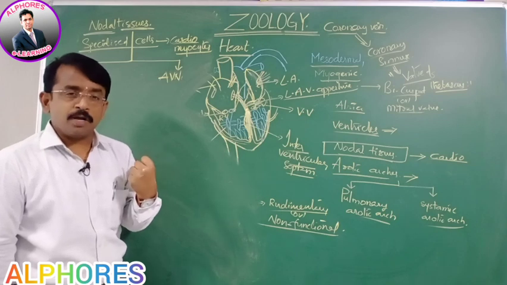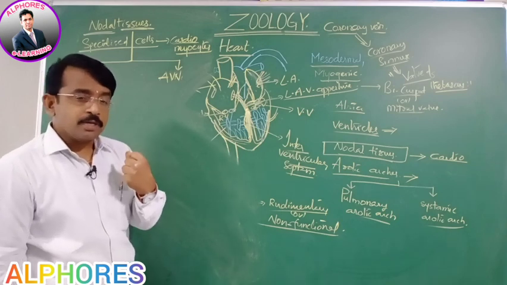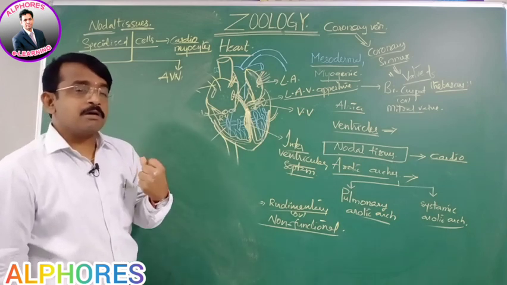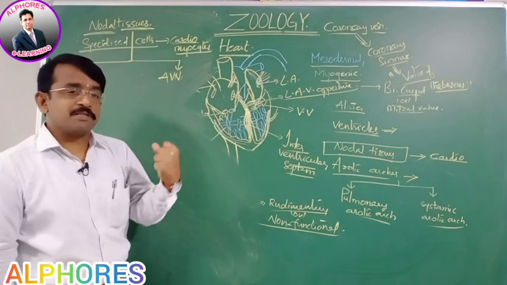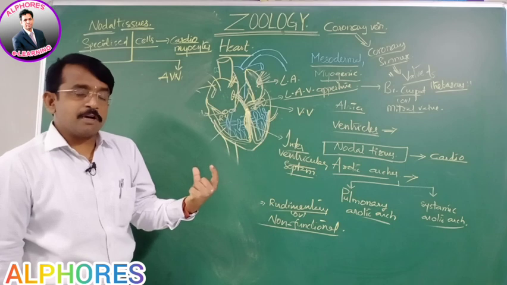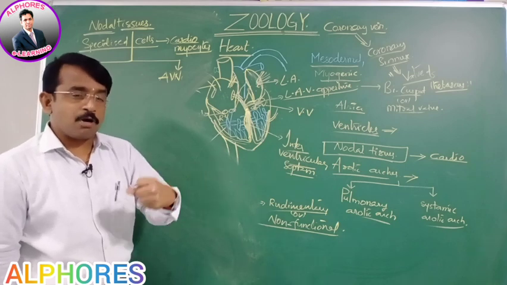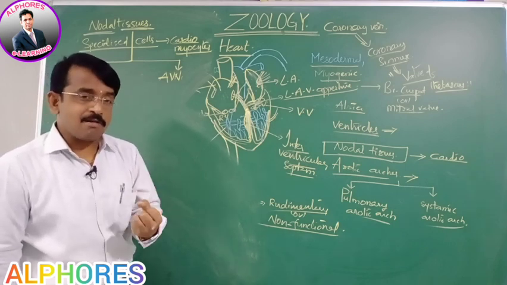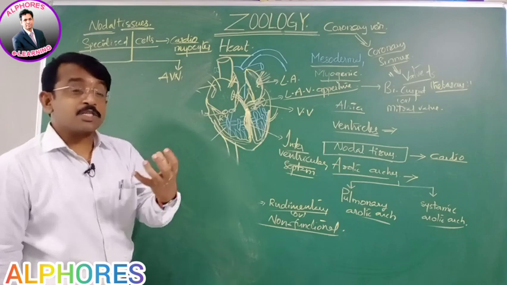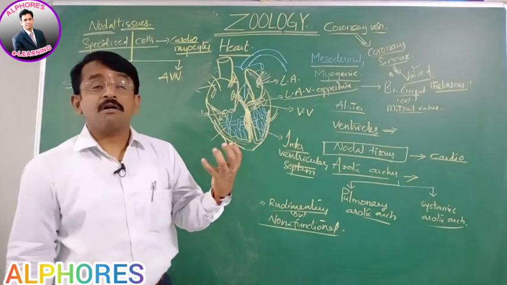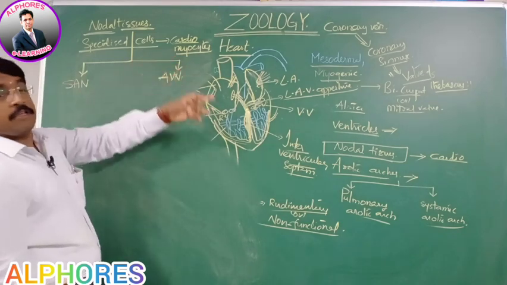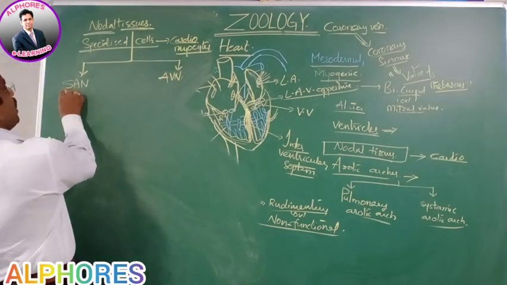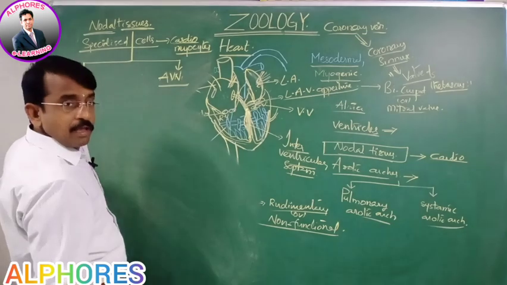This is the reason why, as the heart does not require contraction by any external stimuli, even if the heart is brought out of the body, it contracts, it beats. That's what it is, autonomous. The specialized cells, cardiomyocytes, SAN and AVN.